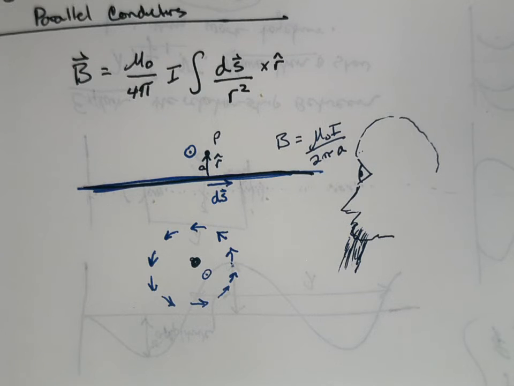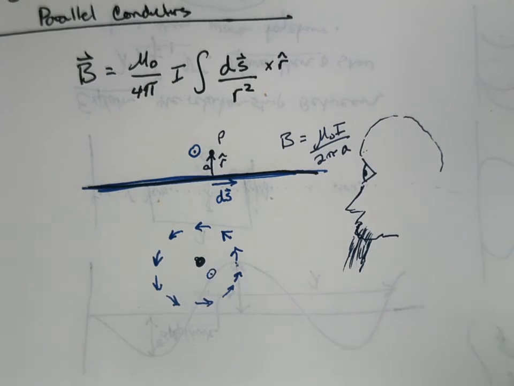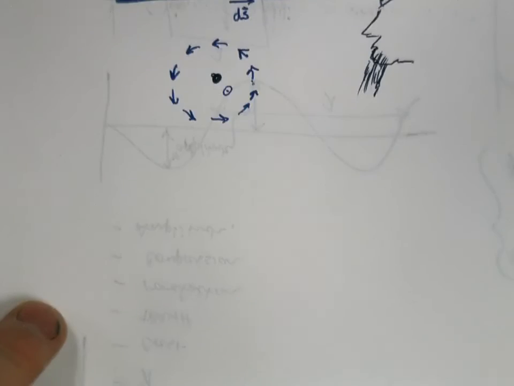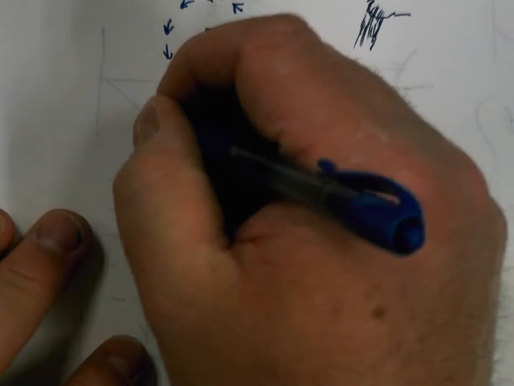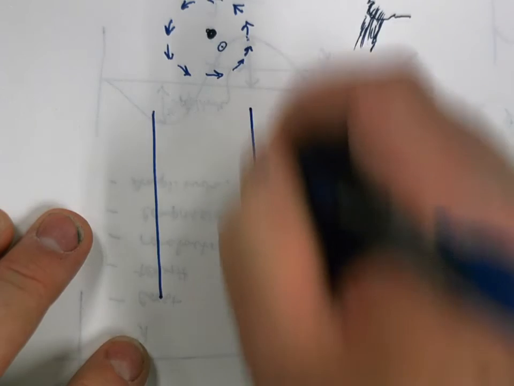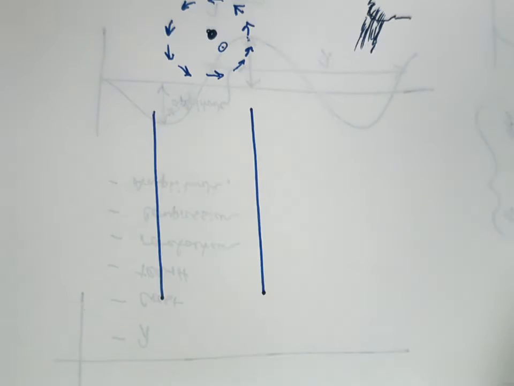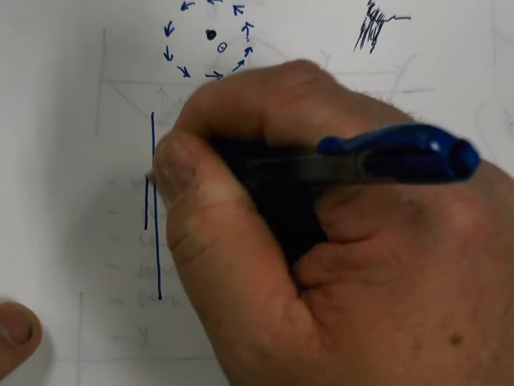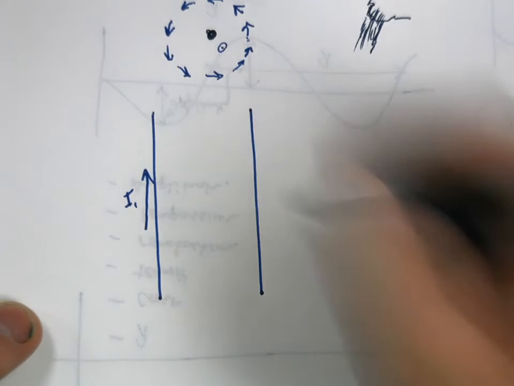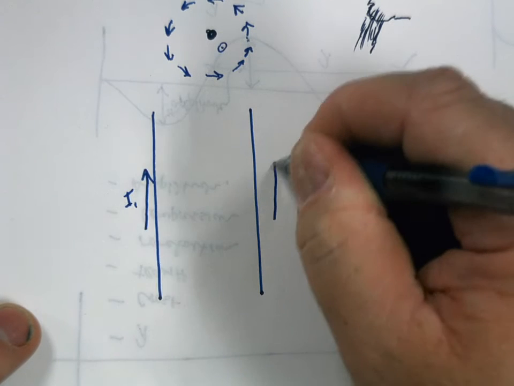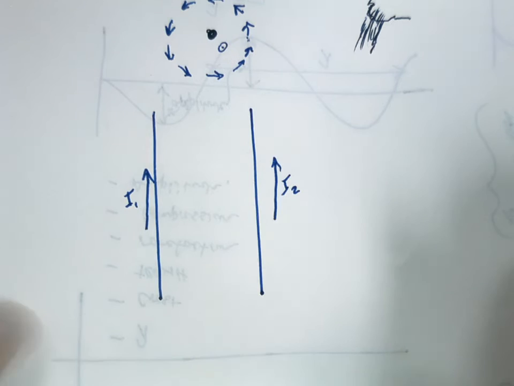magnetic field. So what happens if we have two of them? We have two wires, and they're right next to each other. We have I1, and we have I2.